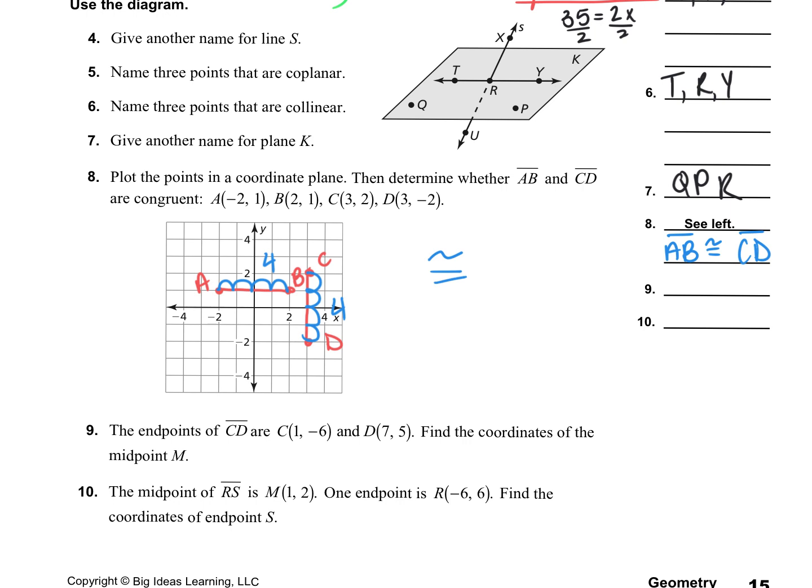Can somebody tell me what the midpoint formula is? x1 plus x2 divided by 2, in parentheses. And then what's the other one? y1 plus y2 divided by 2. Good. This is my midpoint formula. You have to memorize it. It will be used on the test. So please make sure you know what the midpoint formula is.